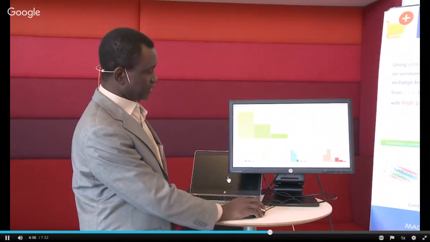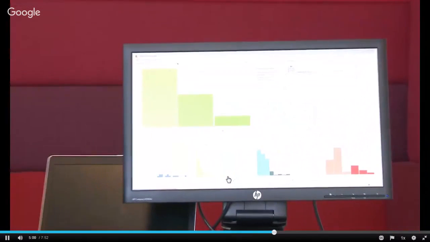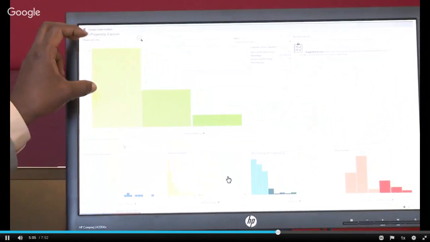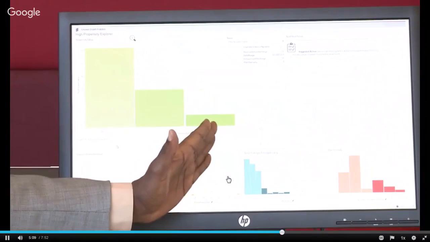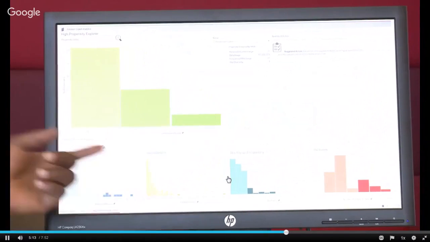So you see, when I change this parameter, the graph on the top is affected. On the right of this graph, we have the group of users with high propensity to buy.